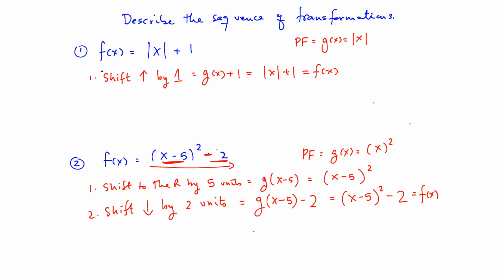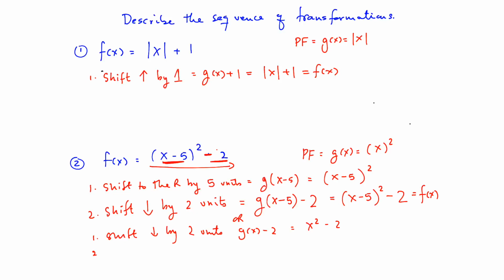I could have equally done the vertical first, so it could have shifted down by 2 units. All right, so let's look at that. I could have first shifted down by 2 units. That would give me g of x minus 2, which would have been x squared minus 2.